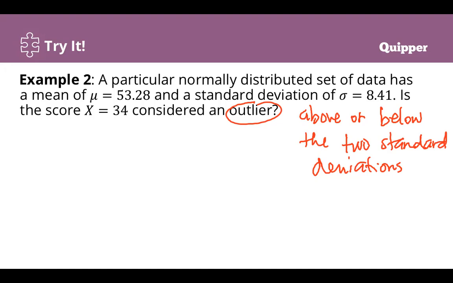Okay. Para malaman natin yan, of course, we need to solve. We have to find out first if this one falls above or below. Ang ating given is 34. Ang ating mean is, sorry, 53.28, and the standard deviation is 8.41.